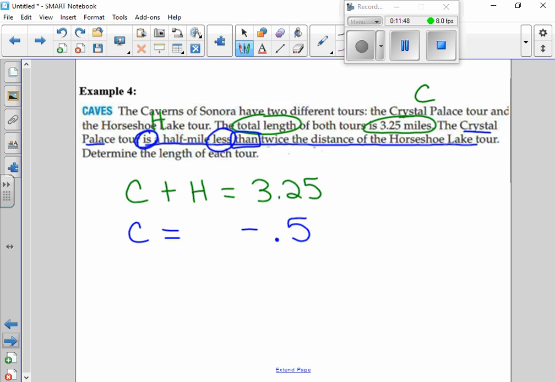Half mile less than twice, two times, twice the distance of the Horseshoe. All right, two times. So there's my system of equations. Again, it looks like it's already set up to use substitution. Since we have C equals already, you can just plug that into the other equation.